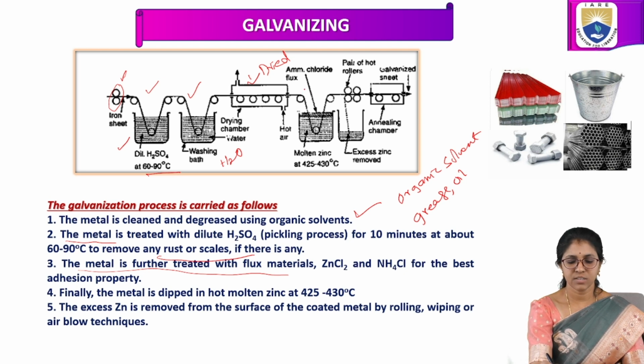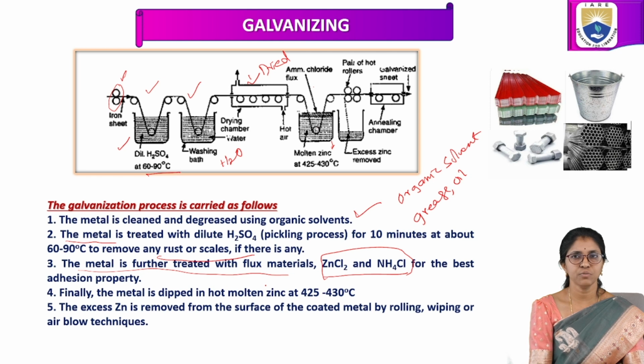After that, it is treated with flux materials. Here we are using zinc chloride and ammonium chloride as flux materials. After that, the metal is immersed in molten zinc at 425 to 430 degrees centigrade.